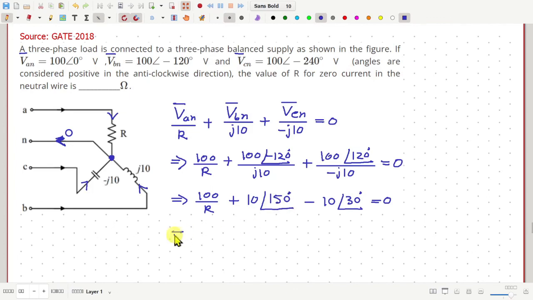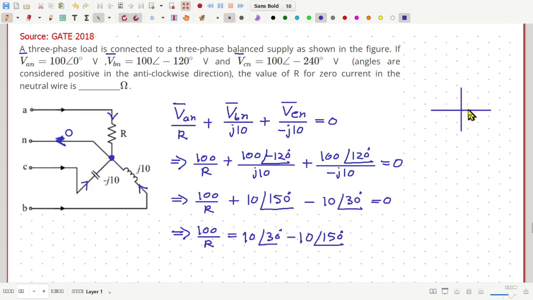From here we get 100 by R is equal to 10 angle 30 degree minus 10 angle 150 degree. Let us add these two phasors. Suppose this is a complex plane.